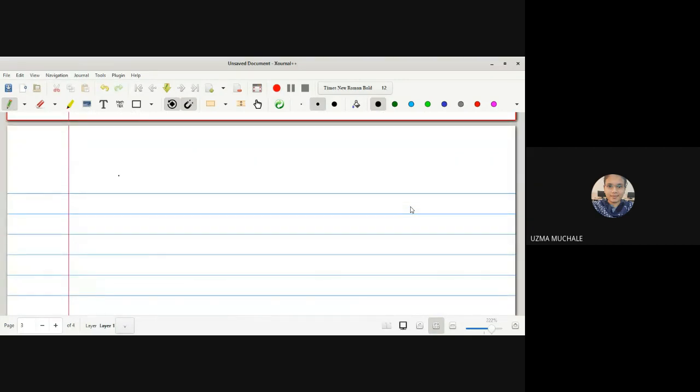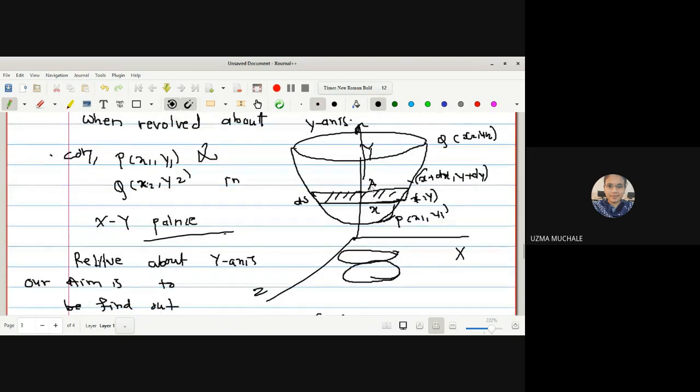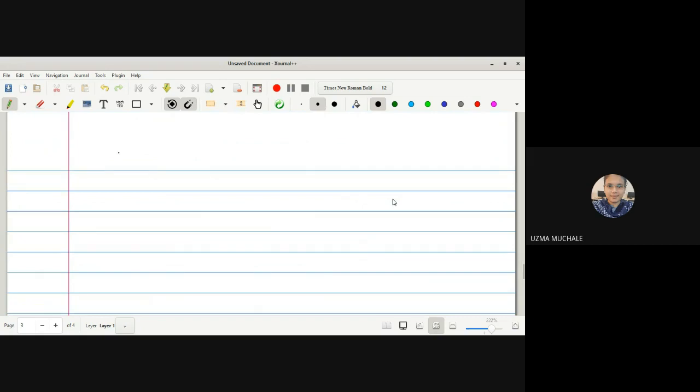So the distance of a point A from the y-axis is x. Okay, as I showed you the distance, this x-axis, so from point A to here, what is the distance along the curve? It is the x-coordinate. Okay, distance of a point A from the y-axis is denoted by x.